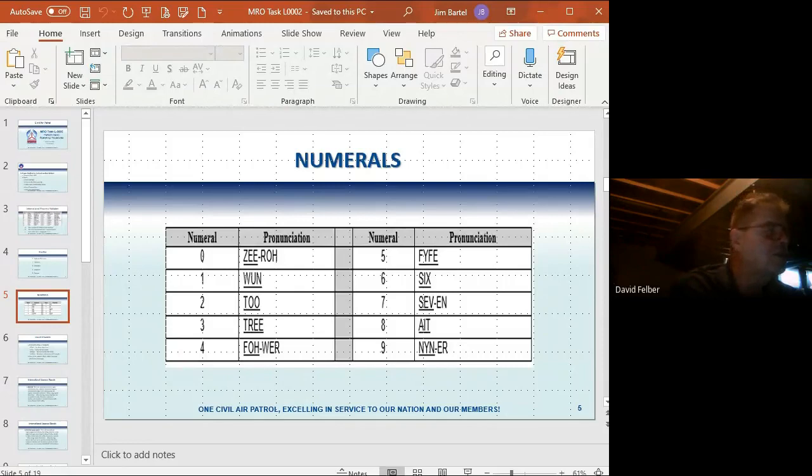Don't depend on someone else bringing them to a mission. Or if you get to the point where you're issued your own radio and you start getting involved in some of the wing or local traffic nets, after a while it'll become secondhand, but for now, you're going to need the aids in order to refer to them.